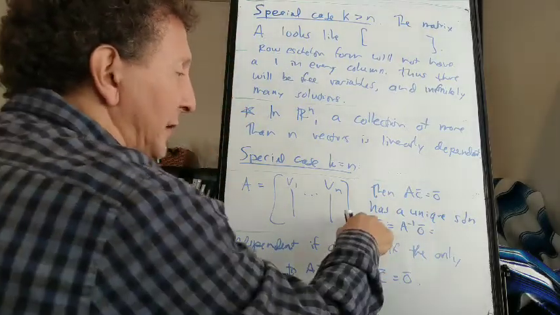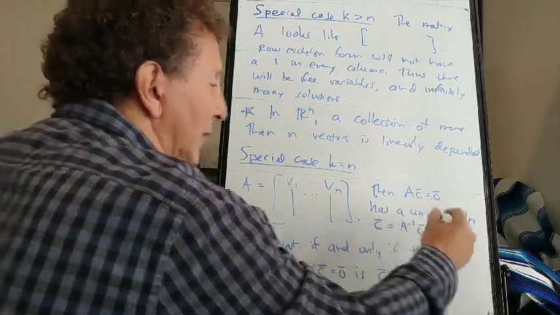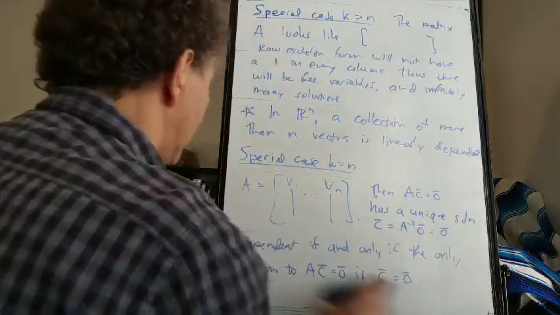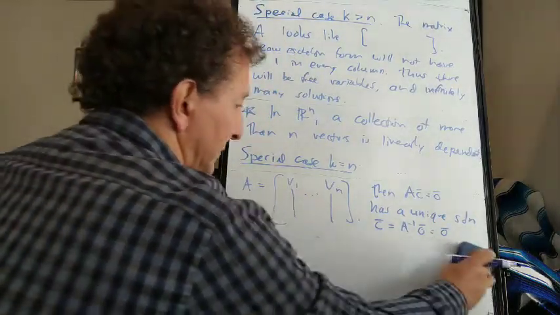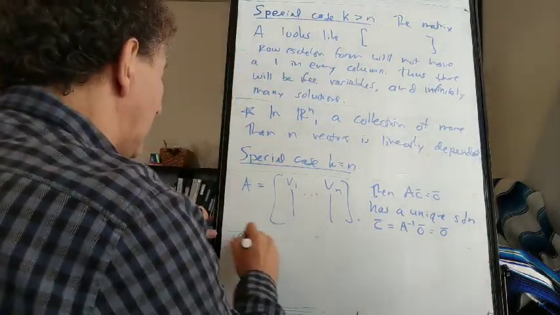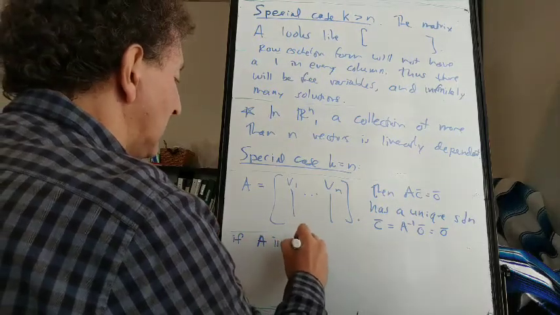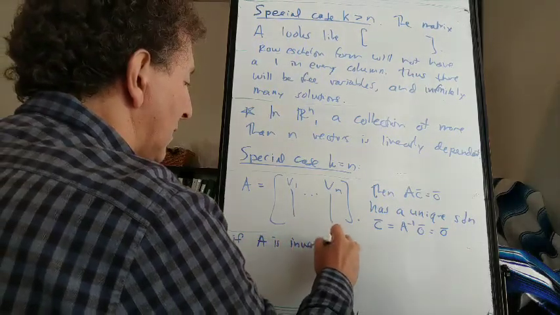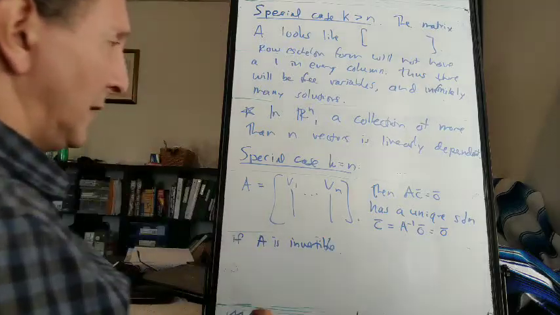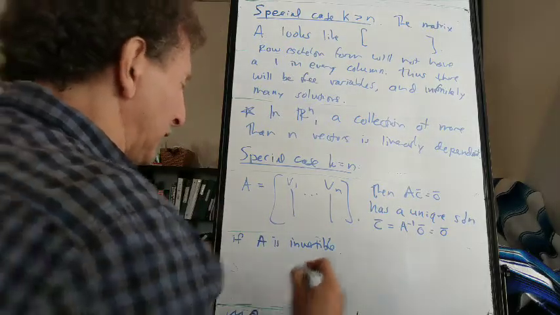That unique solution is going to be c equals A inverse 0, which is just the 0 vector, if A is invertible. It has infinitely many solutions otherwise.